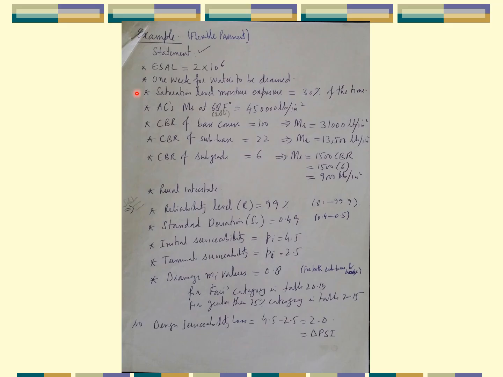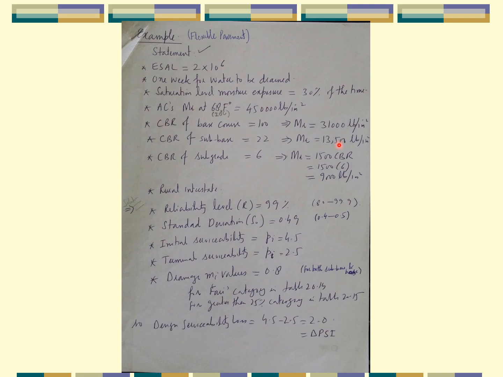Saturation level moisture exposure is 30% of the time. Asphalt concrete modulus of resilience is given, that is 45 × 10^4 pounds per square inch. CBR of base course is 100, CBR of the subbase is 22, CBR of the subgrade is 6.